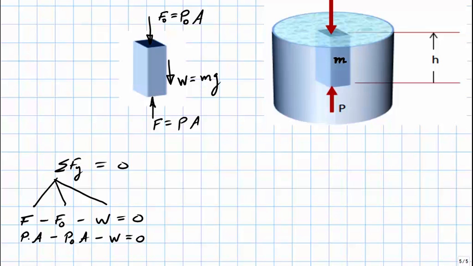Before proceeding further with this analysis, we're going to derive a very useful equation that connects the weight to the density of the fluid. First of all, let's note that the weight simply equals m times g. Also, we learned earlier that density equals mass divided by volume.